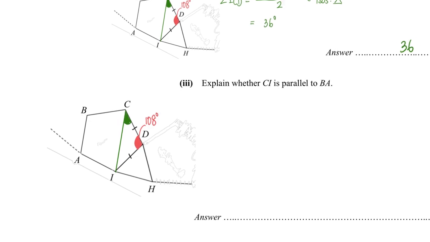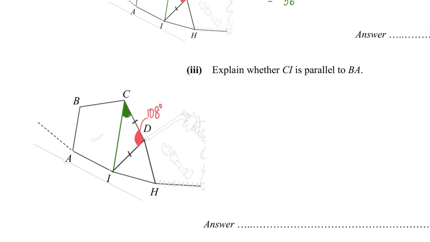From here, in order for us to decide whether the line CI and the line BA are parallel, I need to know whether this angle here and this purple angle here add up to 180. Because if they do, then these interior angles are 180 degrees, because interior angles for parallel lines add up to 180 degrees. So that's the key.